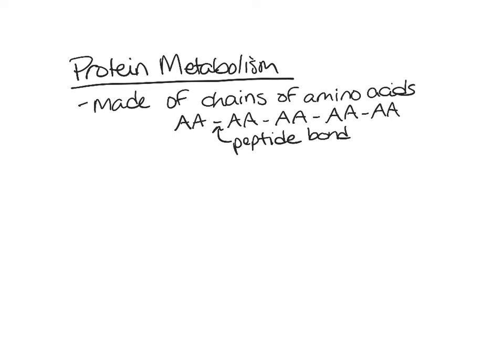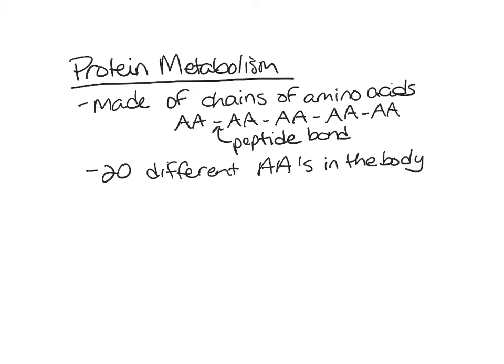There are only 20 different amino acids in your body. And from those 20 different amino acids, we can rearrange them. We can have different lengths of them by adding more amino acids. And so just the 20 different amino acids in the body can make 100,000 to 140,000 different proteins.